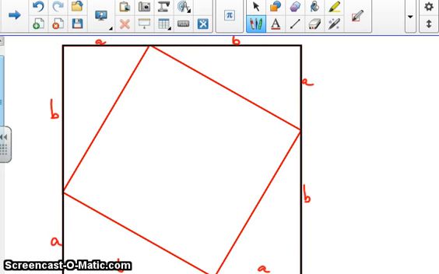And because these are right triangles, the hypotenuse on each of them is C. So what I have in the middle is a great big square which has area of C times C, or C squared.